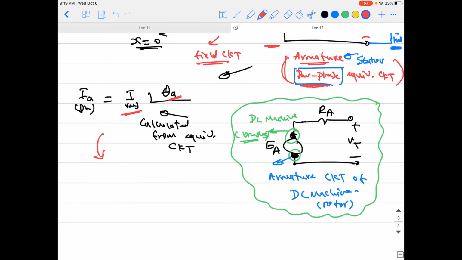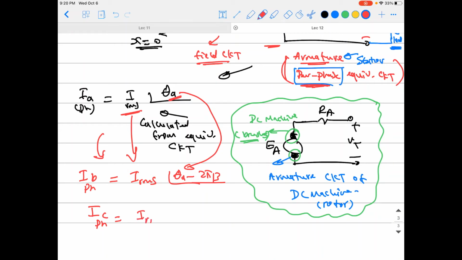And you can use this directly to find the other two phases. So the current of phase B will have the same magnitude and the same RMS value, because they are balanced, that means they have the same magnitude. But the angle will be theta A minus 2 pi over 3. That easy. So you're also using the value for theta A here, but you have minus 2 pi over 3 with it. And the phase C current will also have the same magnitude and same RMS value, but it is theta A plus 2 pi over 3.